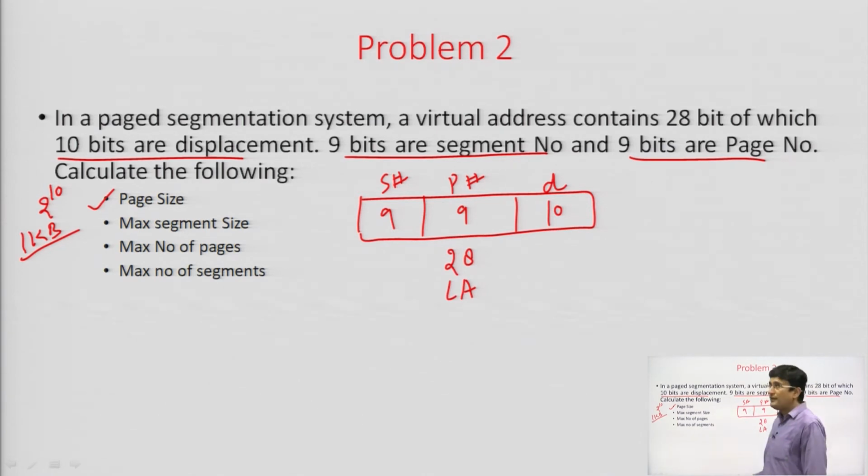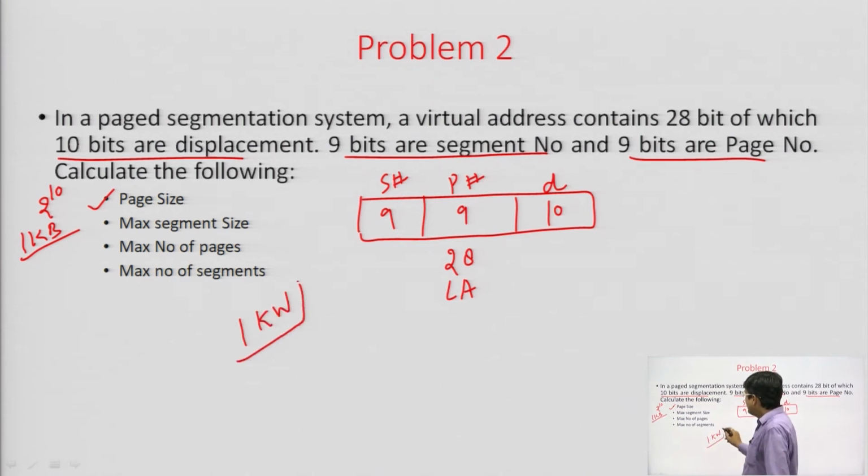When we are referring to 1 kilobyte, there is a very interesting thing that you should always remember: my memory can be byte addressable or word addressable also. Word means that we can access several bytes in one go. In that case we can say that my memory is word addressable, and I can say 1K words in that sense.